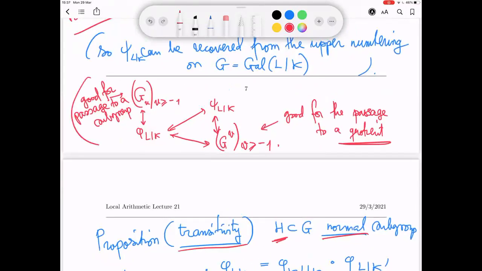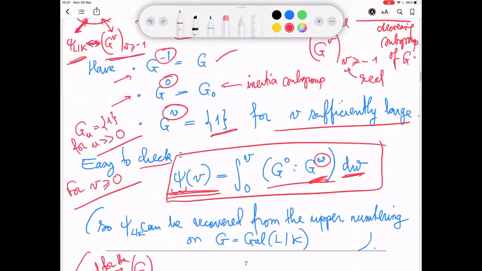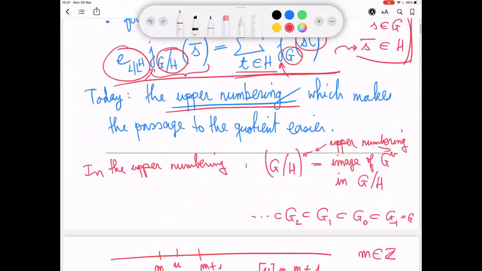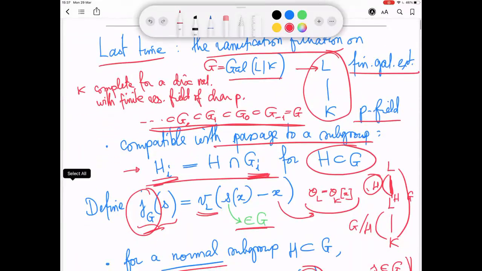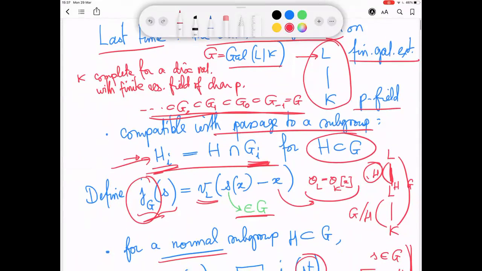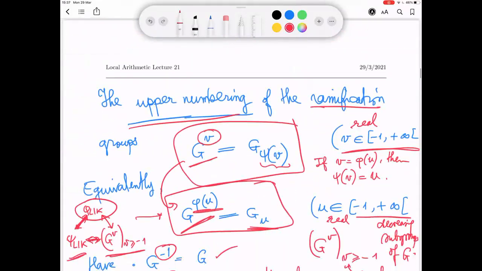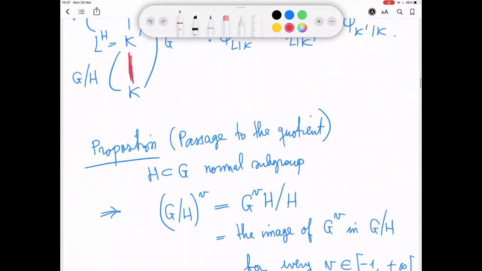But in what sense is the lower numbering good for the passage to a subgroup? That we have already explained. It just means that if I have a subgroup H, then H sub u is equal to H intersection G sub u for all u greater than minus 1. So that's what I meant by saying that this one is good for the passage to a subgroup.